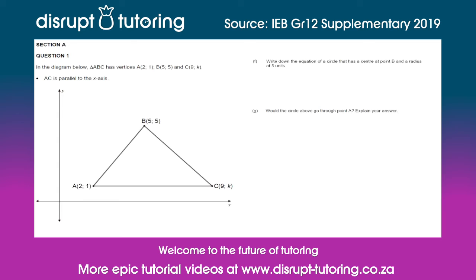Question F. Write down the equation of a circle that has a center of point B, which is over here, and a radius of 5. From the formula sheet, we know that the equation of a circle around a point is x minus a squared plus y minus b squared equals your radius squared.